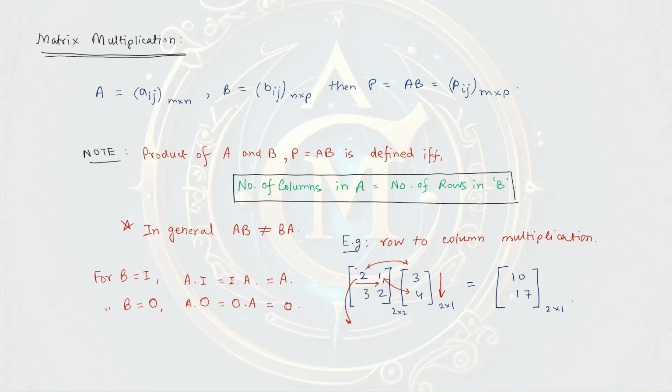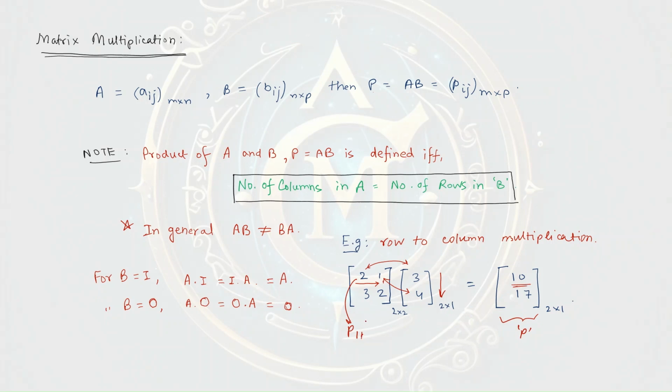So in this case, you are taking a product of the first row of the first matrix with the first column of the second matrix. Let's say the product matrix is P. So you are obtaining the value of the element of P in the position P11.